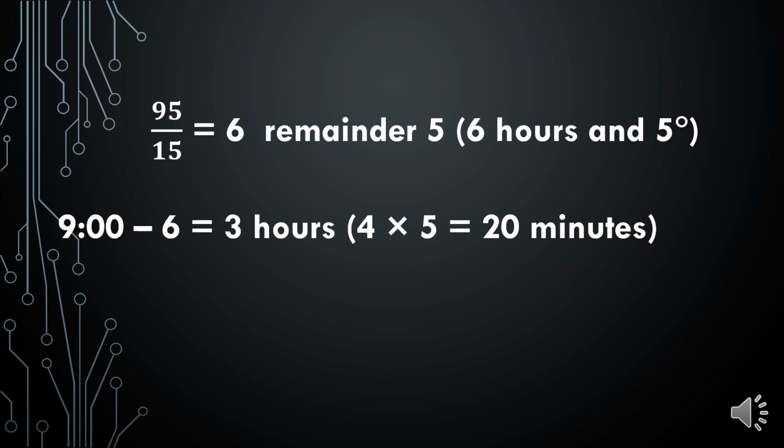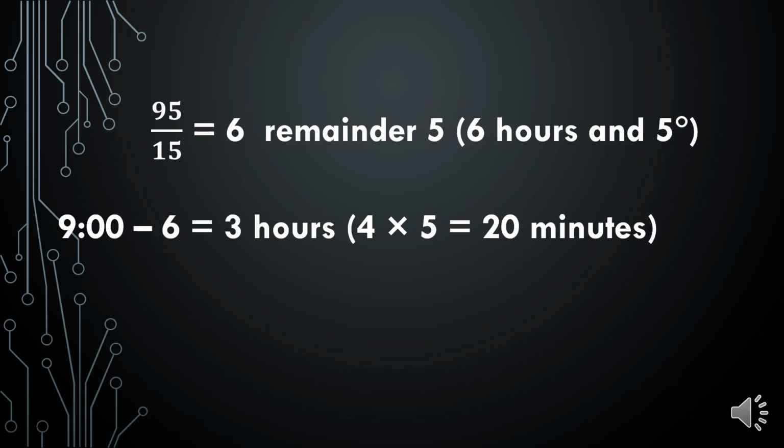Now in brackets next to that, you are going to write 4 times 5, which is the 5 degrees. Remember, we multiply our 5 degrees by 4 because 1 degree is equal to 4 minutes. When we multiply our 5 degrees by 4, we get a time of 20 minutes.